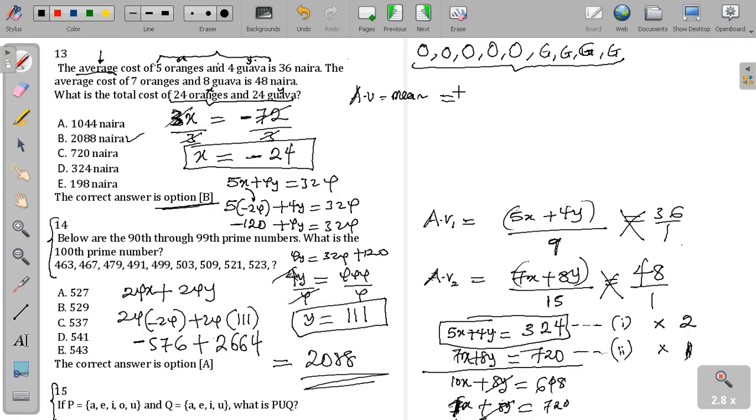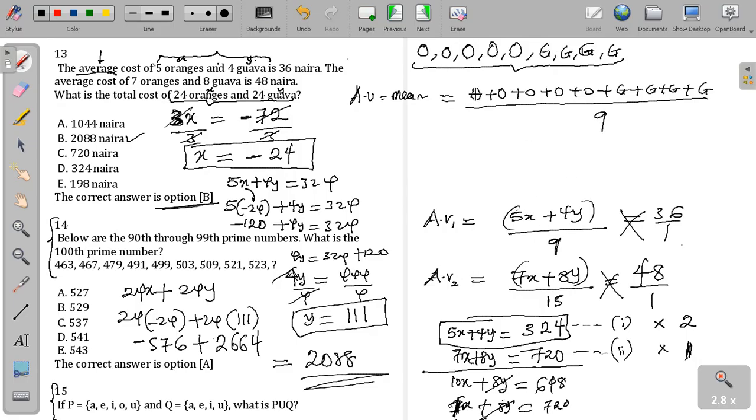Remember that we used to add everything together. We add orange plus orange 5 times, and then add this one 4 times. Then all divided by the number of items. So you count them: one, 2, 3, 4, 5, 6, 7, 8, 9. Over 9. And that's what we have done here.